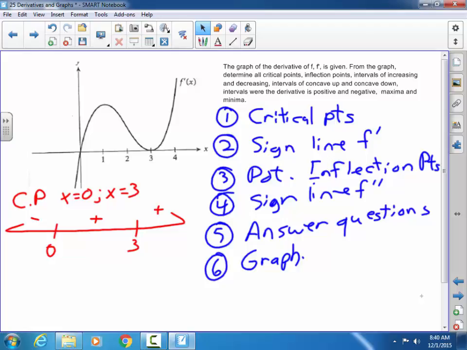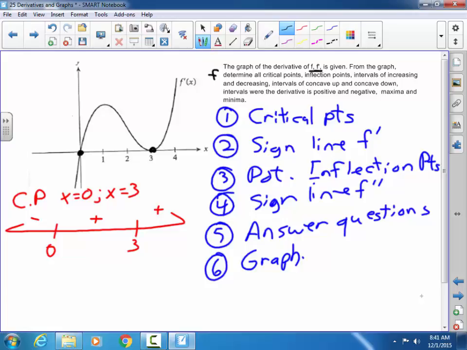Okay, this is the graph of f prime. All of these questions are talking about f, the critical points of f. The critical points of f are where the derivative equals 0. We've got a graph of the derivative, and the derivative equals 0 wherever it crosses the x-axis.